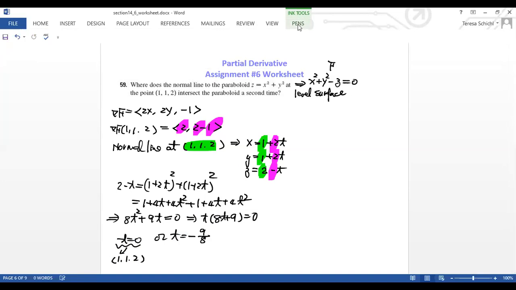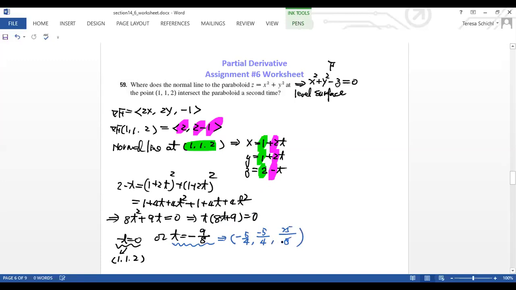Now plug in t equals negative 9 over 8, and you get the point negative 5 over 4, negative 5 over 4, and 25 over 8. So this is another point.